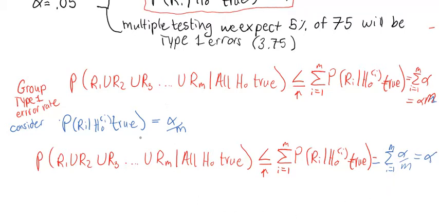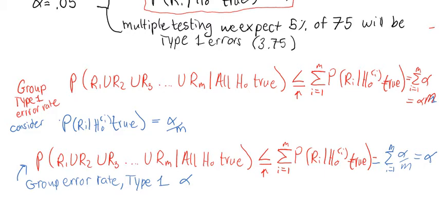And then our group type 1 error rate is then alpha.